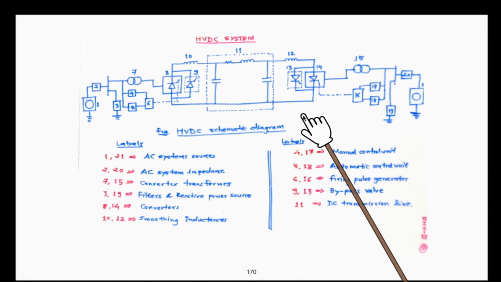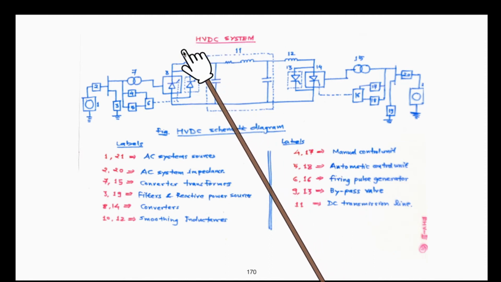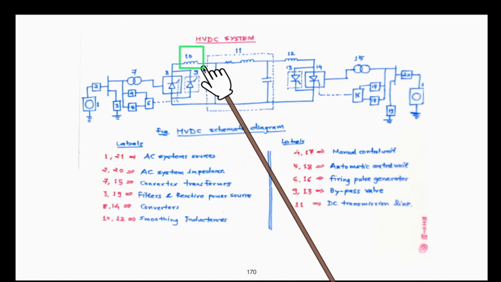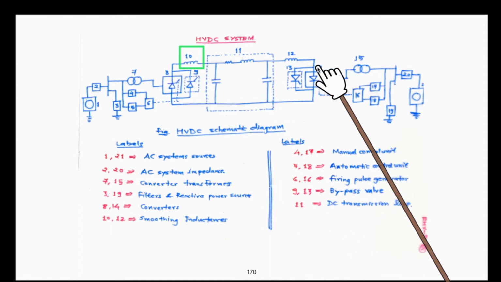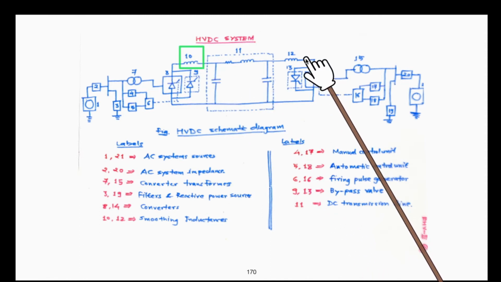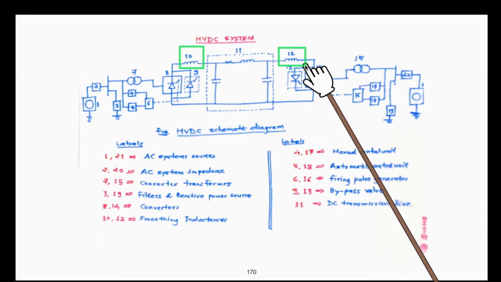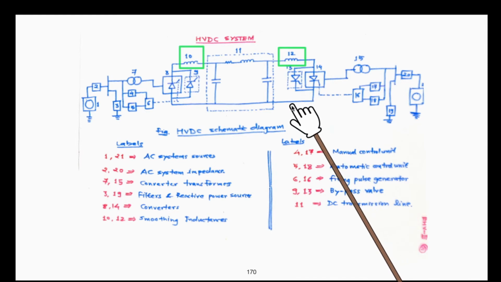And apart from this pi representation of the DC line, focus your attention that there are large smoothing inductances on both the rectifier side as well as the inverter side. These provide elimination of current harmonics on the DC side.